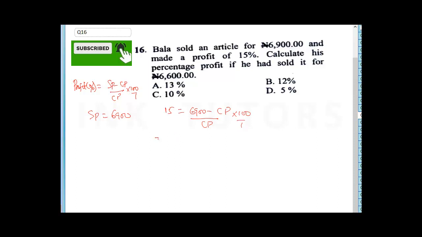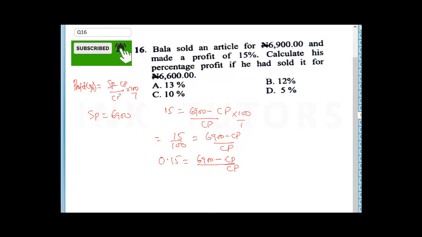So this will give us 15 divided by 100 equals 69 minus CP over CP. Now what I just did, I took this 100 over here. So this is going to give us 0.15 is equal to 69 minus CP, all over CP.